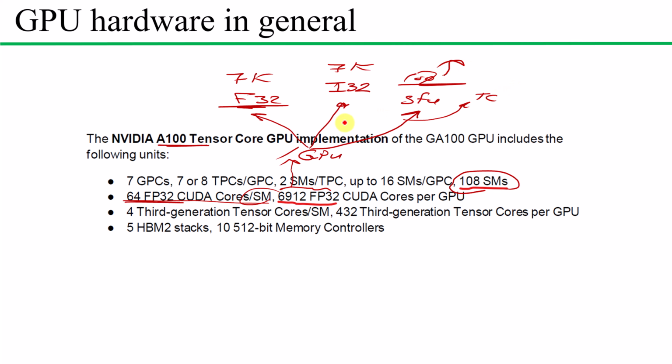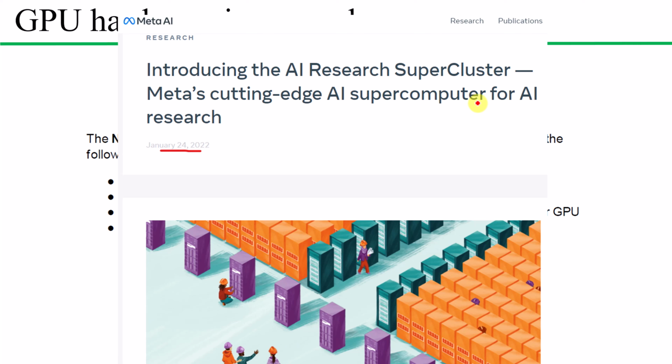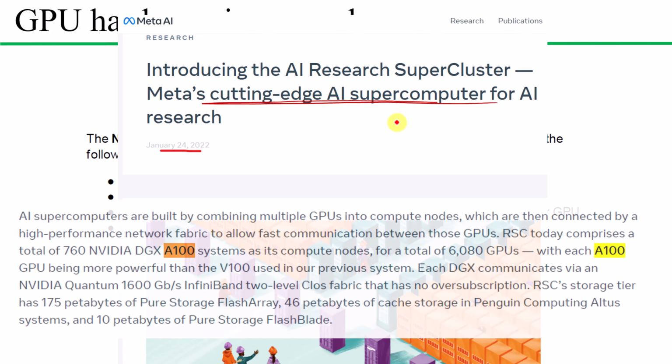For example, Meta recently announced their ambitious project to construct the world's most powerful supercomputers. If you refer to the official Meta website's article, it becomes evident that their supercomputer architecture heavily relies on the A100 system, on the A100 GPU.